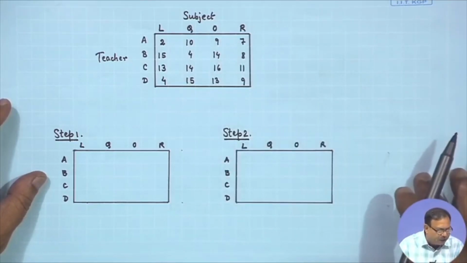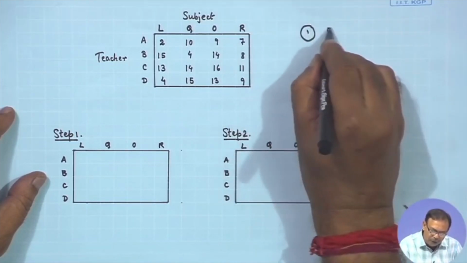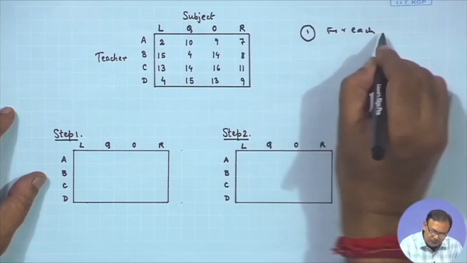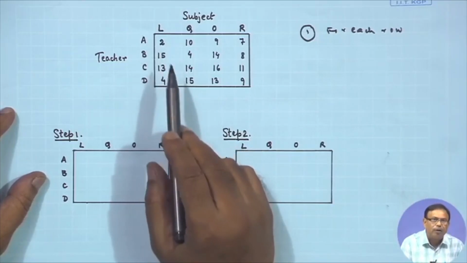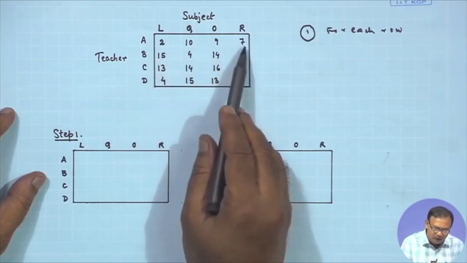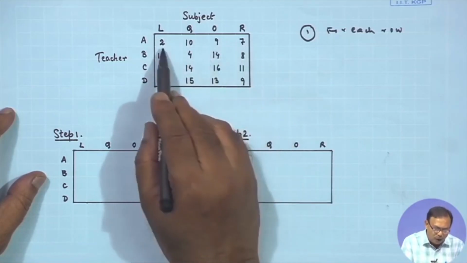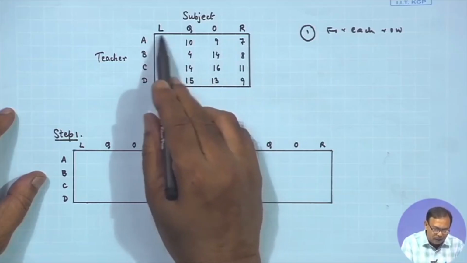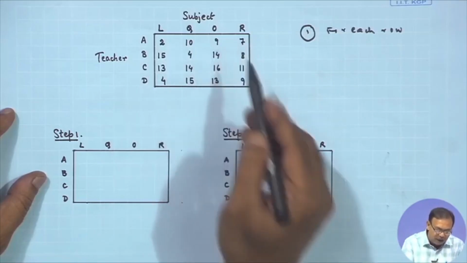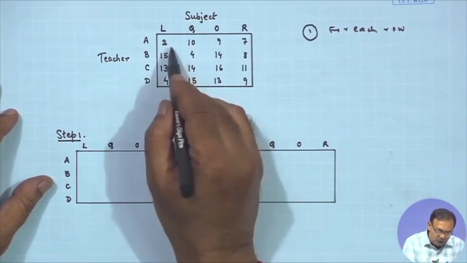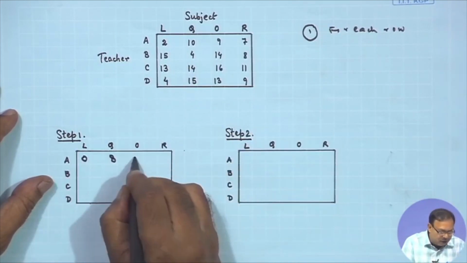At first, step 1 is, for each row, you subtract the lowest element of the row from all other elements. You see the first row contains 2, 10, 9 and 7. The minimum of this row is 2. Therefore, you subtract 2 from all the elements of the first row. If you subtract 2, then it will become 0, 8, 7 and 5.